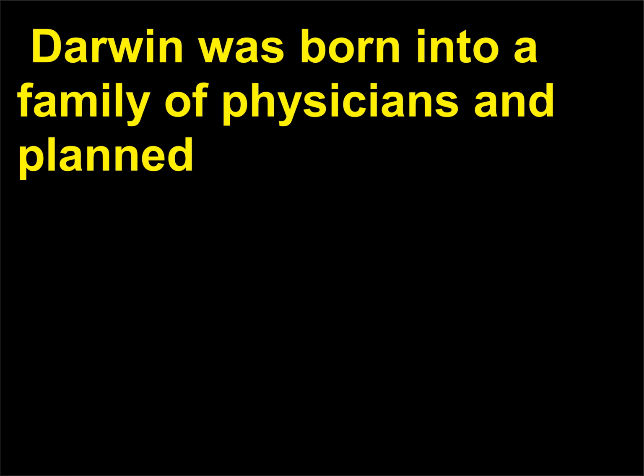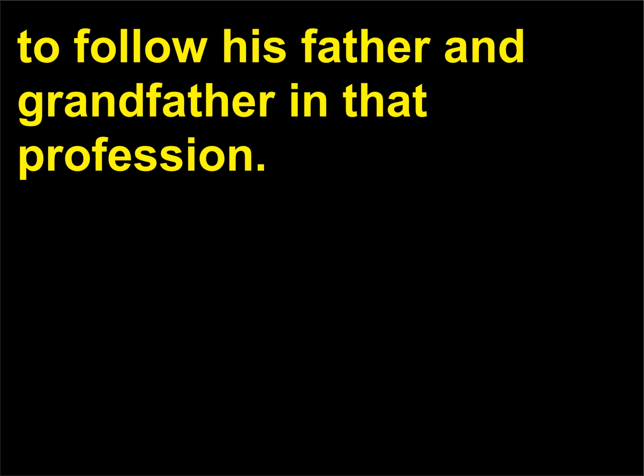Darwin was born into a family of physicians and planned to follow his father and grandfather in that profession. Unable to stand the sight of blood, he studied divinity at Cambridge and received a degree from the university in 1830.